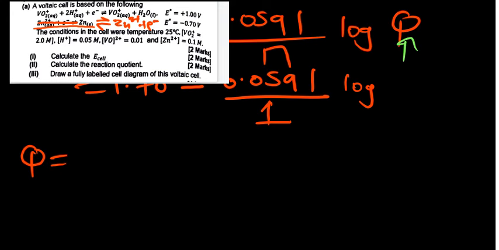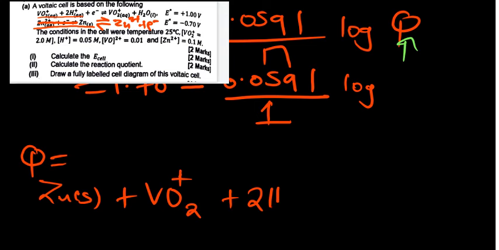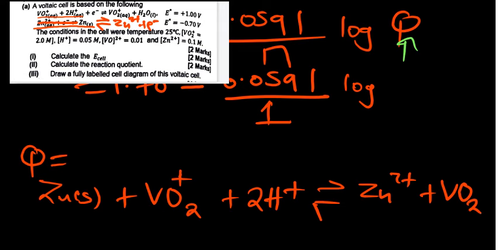We'll combine the reactants, starting with the anode. So we have zinc solid plus what is on top, VO plus 2 hydrogen ions. The number of electrons have cancelled out, and then we have zinc 2 plus and VO2 plus.